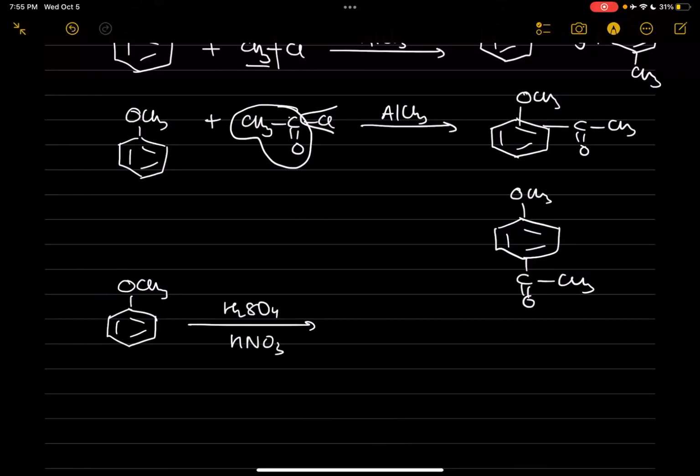In nitration, you take the mixed acid and the actual attacking species. The H2SO4 removes the water and leaves behind NO2 plus, which is the electrophile.